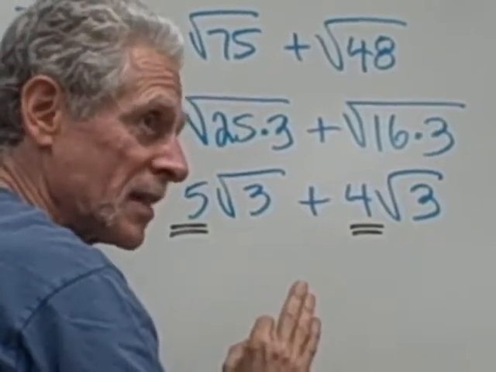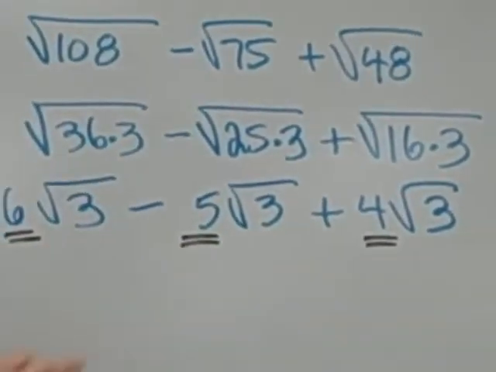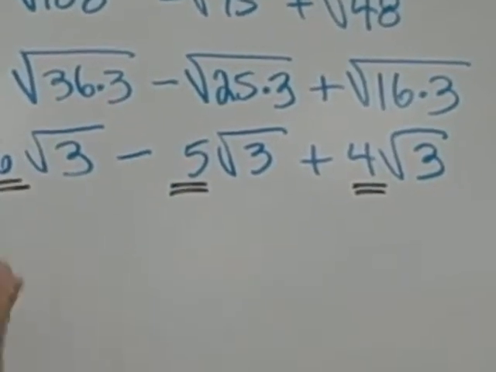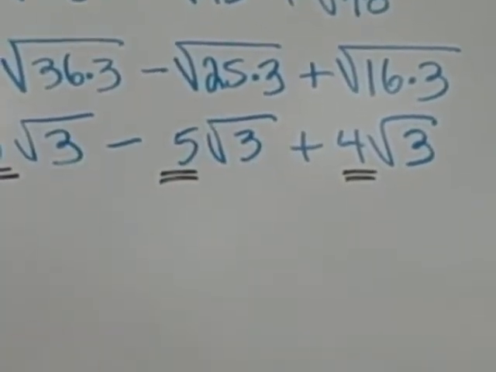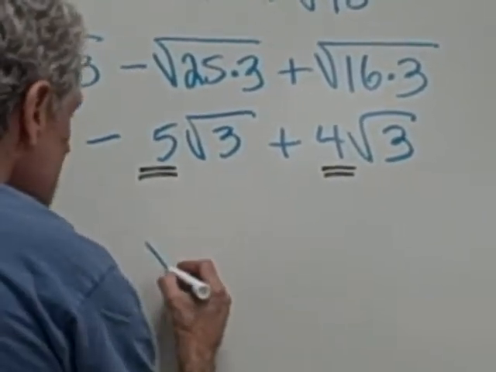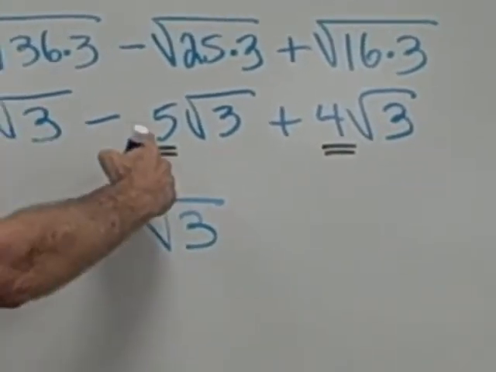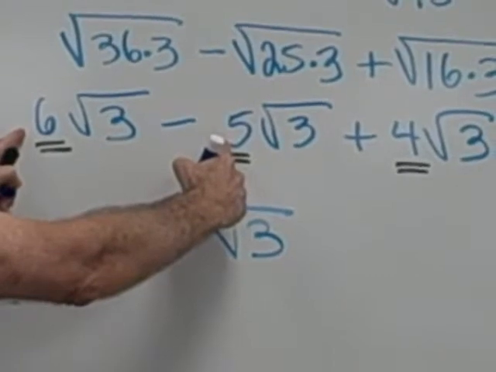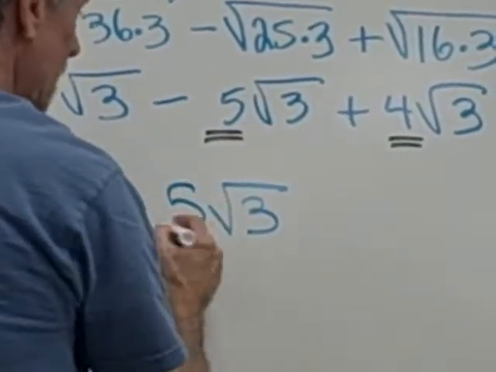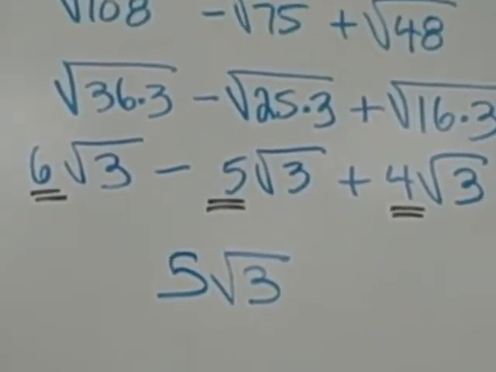So all you do is add and subtract the coefficients, and the square root of 3 stays the same. 6 minus 5 is positive 1. 1 plus 4 is 5. There's your answer.